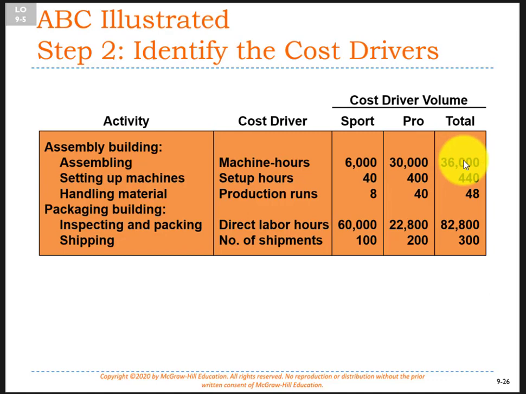So we're going to take our cost, break it down into these 5 pieces. We're going to divide that cost by the total volume, and then multiply it by the number of that activity that is used for that product.